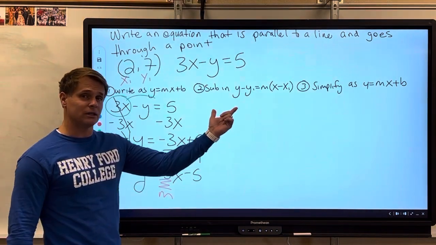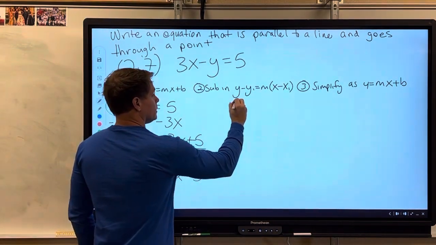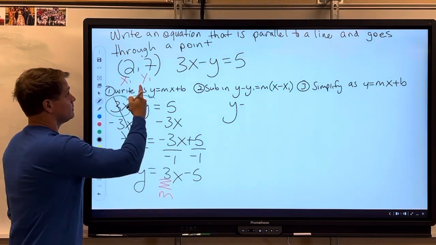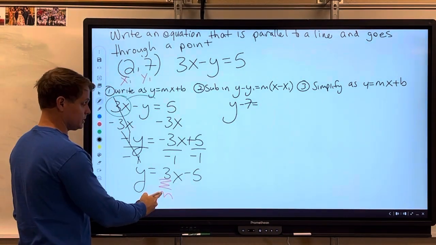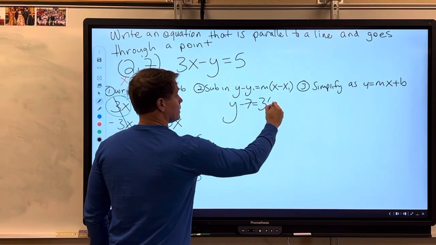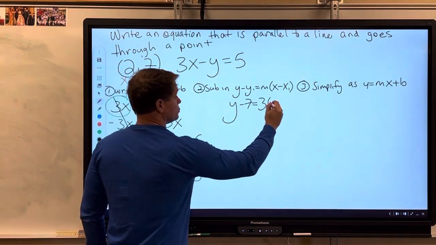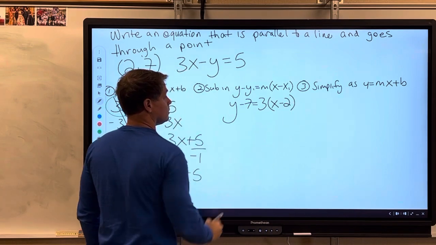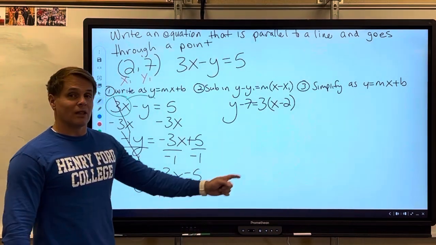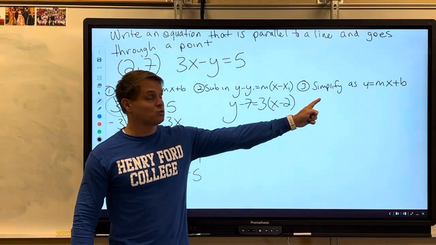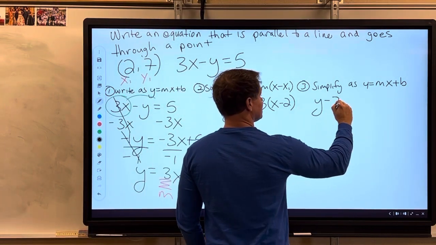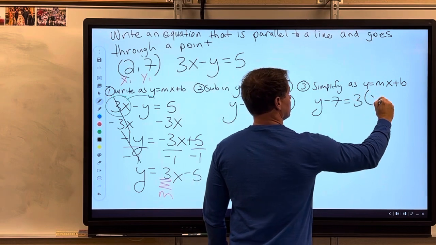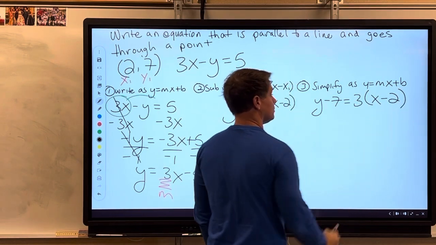I'm going to plug it all into this equation. y minus 7 equals, the slope is 3, and then (x minus 2). So the last step is to simplify as y equals mx plus b. So I got my y minus 7 equals 3(x minus 2).